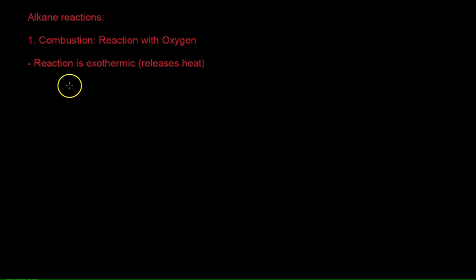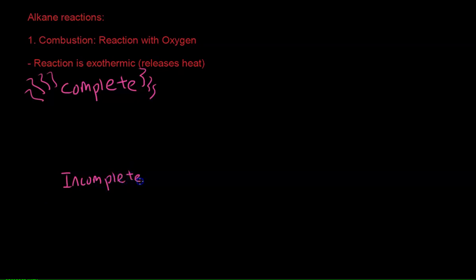The first one is complete combustion, which means there's a lot of oxygen, so you don't lack oxygen when you burn this object. The other one is incomplete combustion, which means there's only a limited supply of oxygen. There's super little.